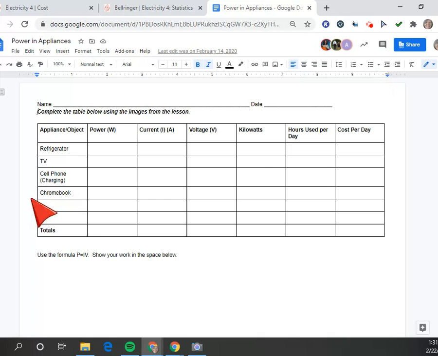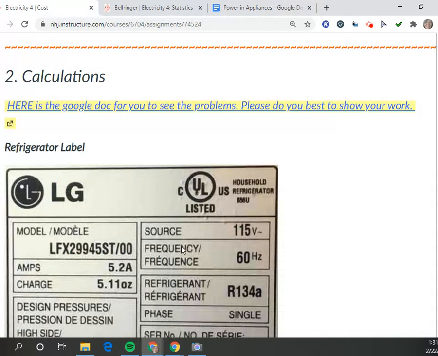So you can use it in the data table, or you can keep going on your notebook. I don't care. I'm going to go on the notebook and show you how to do the refrigerator. And then we'll continue. But we're going to use those same kind of problems, okay?